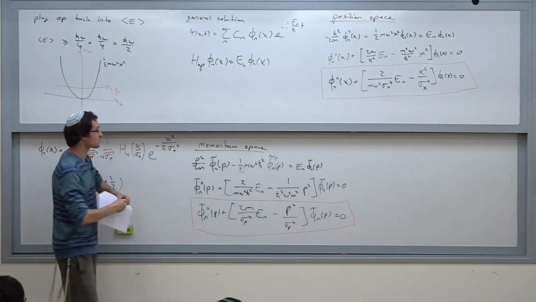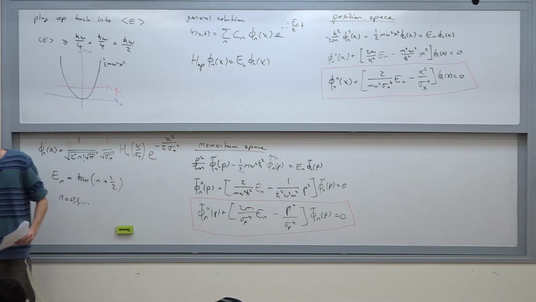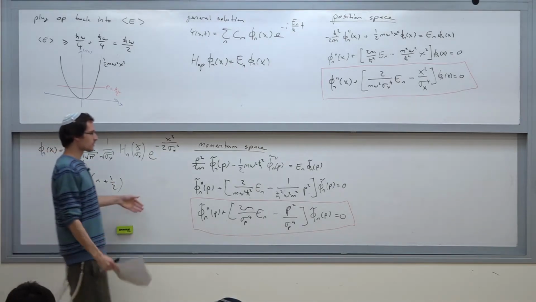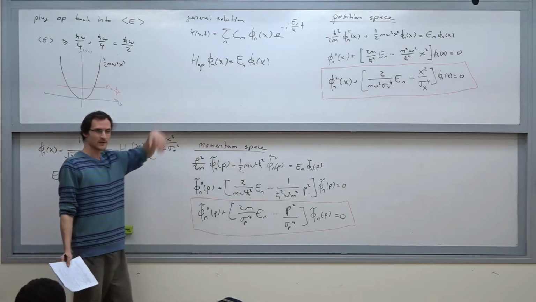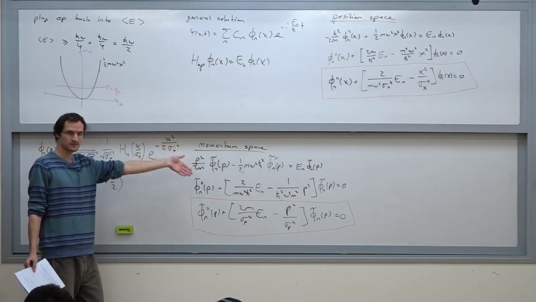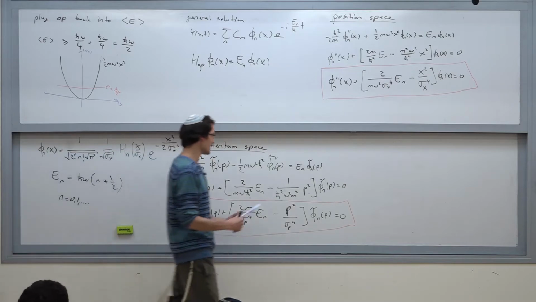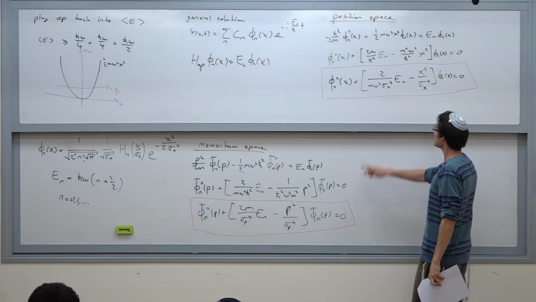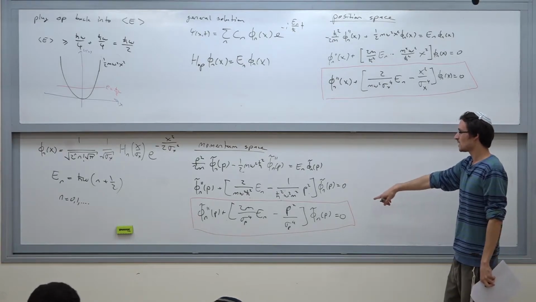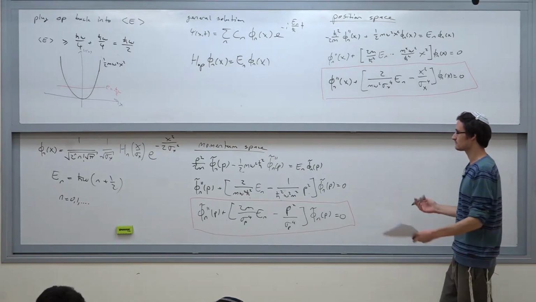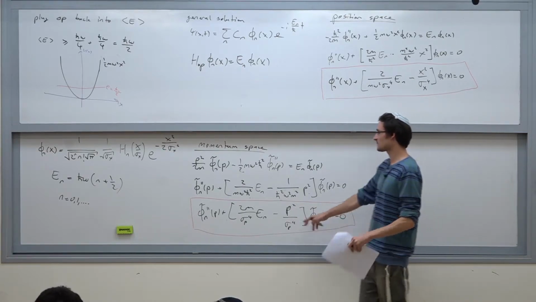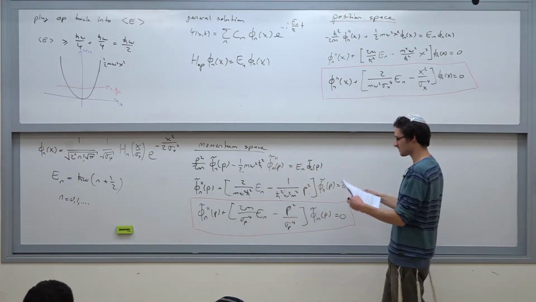The solution to this equation, of course, you can do the same way as you did in class. Once again, look for a solution at infinity, plug it in, use a Taylor series, find a recursion relation, and so on. Or you just look at these two equations, note that they have the exact same form, which means that they have the exact same solution. Just that the variable here is p, and instead of sigma x, you have sigma p.